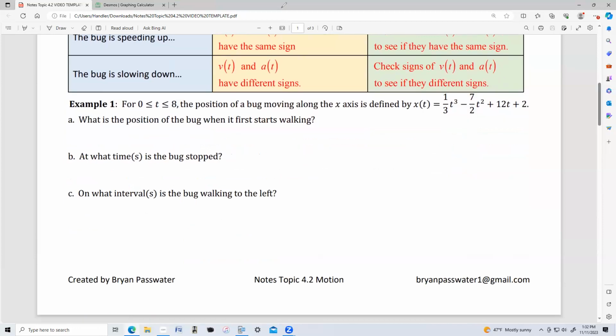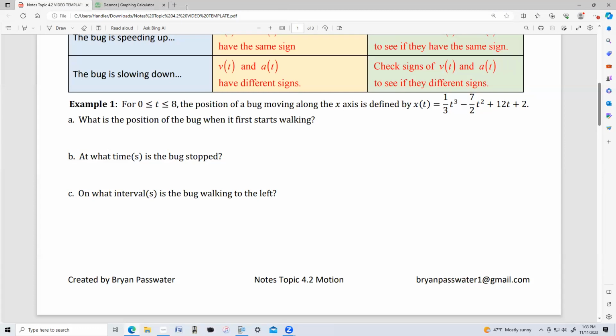Okay, example 1 says, for time between 0 and 8, we don't know if it's seconds, minutes, hours, days. It really doesn't matter. I might say it's minutes just to have something to talk about. So let's say for a time between 0 to 8 minutes only, that's your domain. The position of a bug moving along the x-axis, so it can only crawl left and right along an x-axis, is defined by this function, x of t, which is a position function.